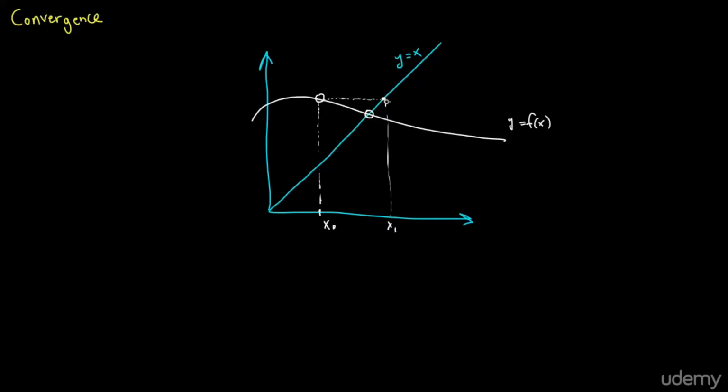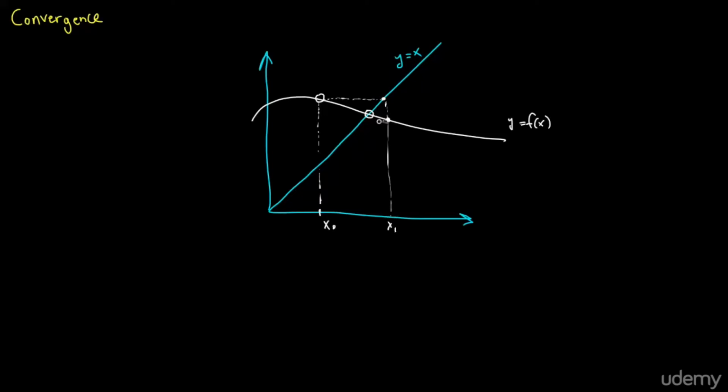At this point, we once again draw a vertical line towards the curve, y equals f of x, and we end up at this particular point. Afterwards we continue the process.